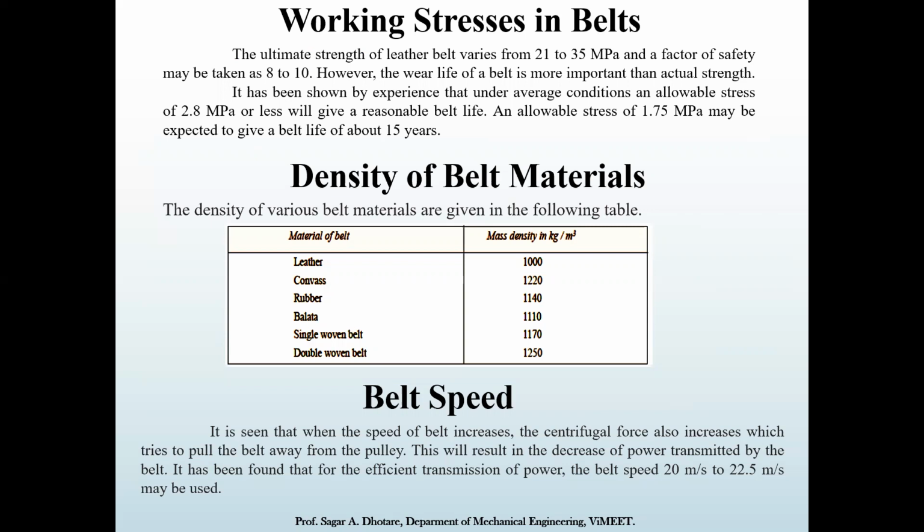It has been shown by experience that under average conditions an allowable strength of 2.3 megapascal or less is responsible for belt life, and the allowable strength considered for design is 1.75, which may be expected to work for 15 years. That is, the life of the belt is expected to be 15 years.